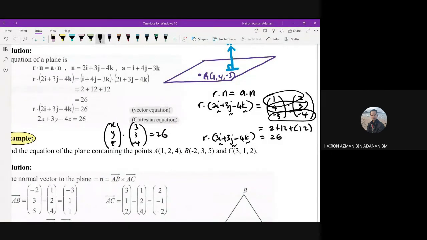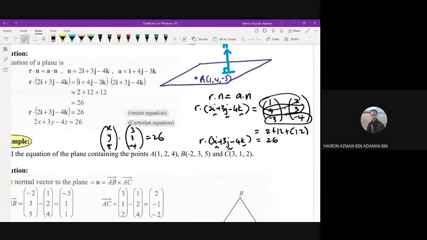The vector normal is not 3, this one is 2, sorry, my writing was wrong. 2i + 3j, this one is 2, not 3. So you will get 2x plus 3y plus negative 4z. So you will get this, a Cartesian equation of the plane.